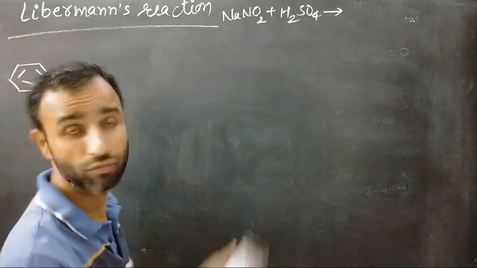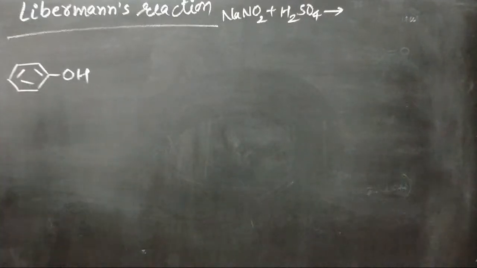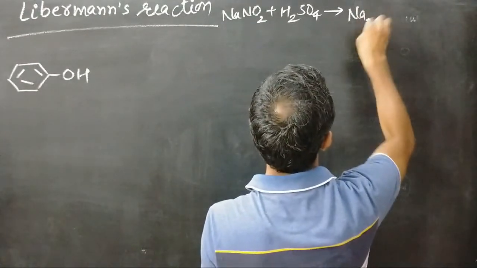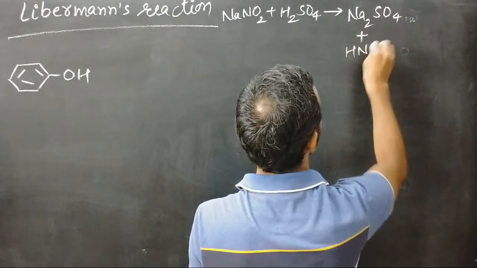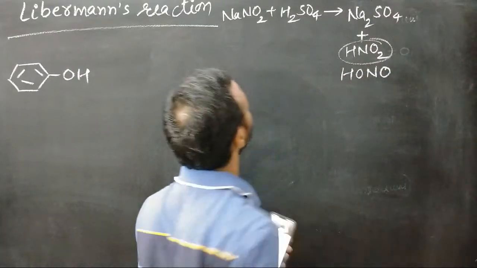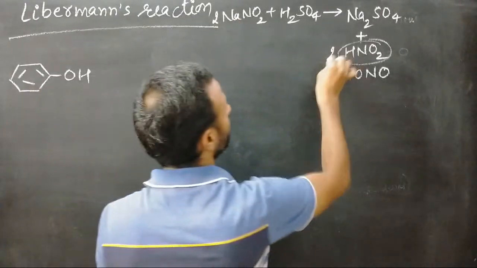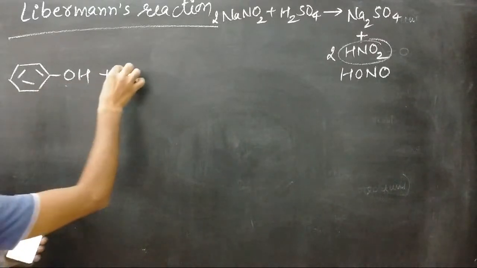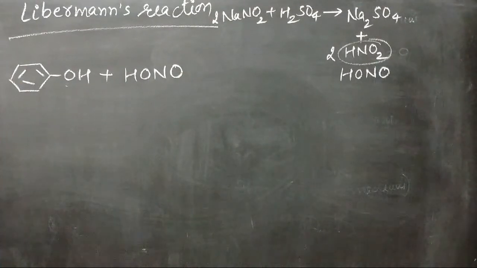What is the product formed when sodium nitrite reacts with H2SO4? Very good. Yes. Sodium sulfate along with HNO2. This HNO2 is actually HONO. So phenol reacts with HONO.